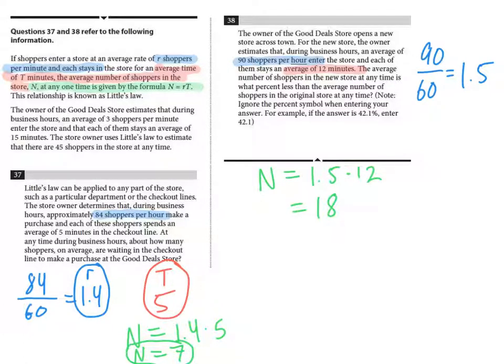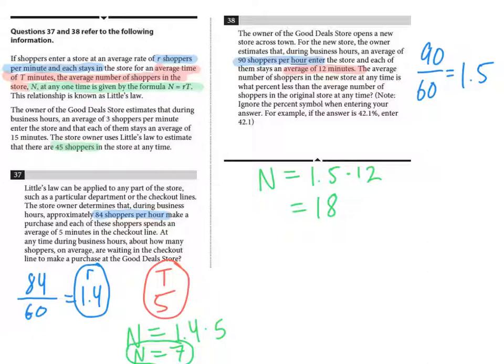Okay. So in the new store, let's read the question. The average number of shoppers in the new store at any time is what percent less than the average number of shoppers in the original store at any time? Well, the estimated number of shoppers in the original store at any one time is 45. In the new store, the average is going to be 18.